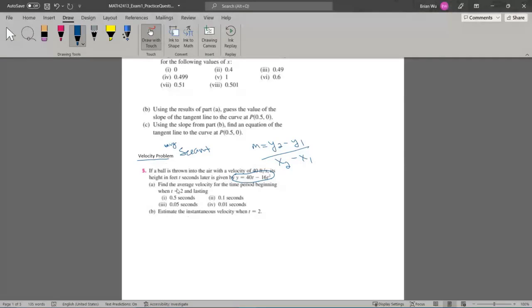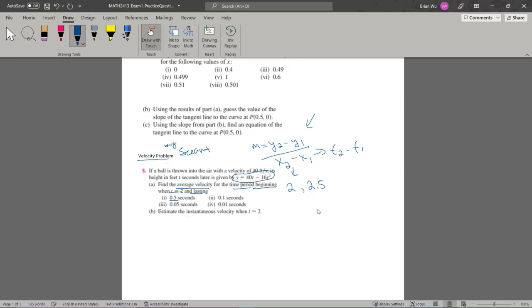You want to find the average velocity, so we're using this equation for the time period beginning when t equals 2 and lasting 2.5. In order to find these bottom values, t2 minus t1, you would read the question, and in this case, it begins at 2, and the interval lasts 0.5 seconds, so it's 2.5.